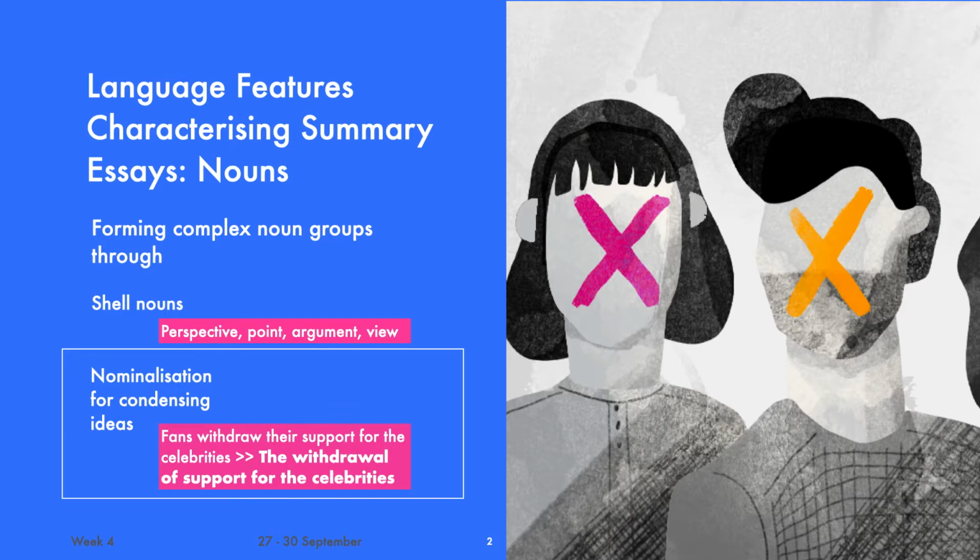So maybe you can say the definition of cancel culture is the withdrawal of support for the celebrities, or you can say cancel culture refers to the withdrawal of support for the celebrities. So this is how you can use nominalization to combine it with the rest of the sentence to form a new sentence, so to say.